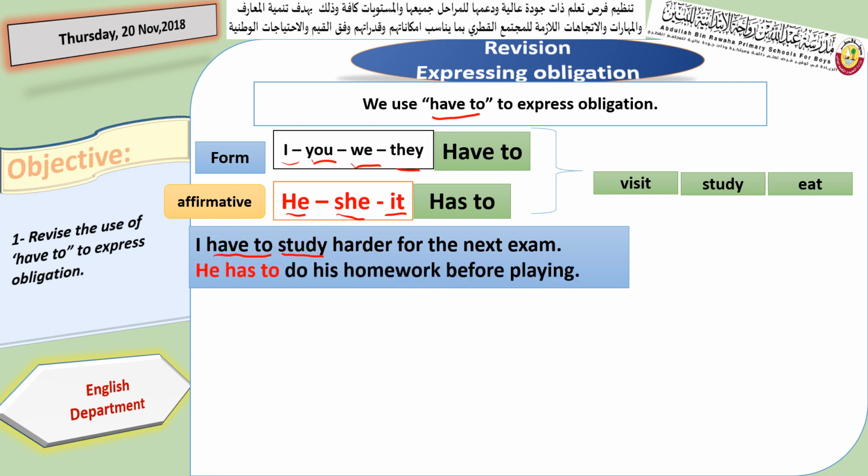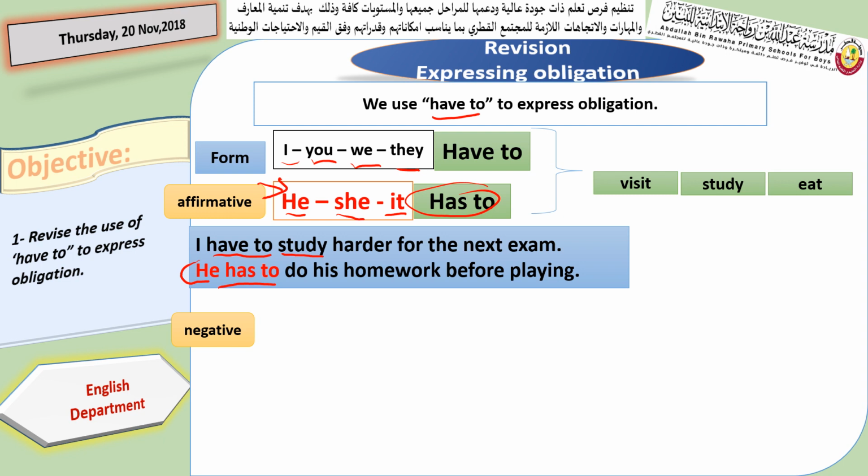Here the second example he has to هنا we used here has to استخدمنا هنا ال has to because we have the subject here is he الفاعل هنا he and as we have said here when we have he she it we need has to so here we have he has to do his homework before playing يتوجب عليه القيام بحل واجباته قبل اللعب.